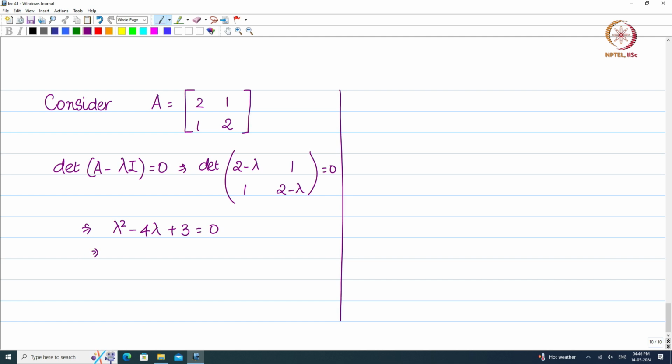So, we have lambda minus 3 into lambda minus 1 is equal to 0, which implies lambda is equal to 3 and lambda is equal to 1. Note that this matrix A is a symmetric matrix.